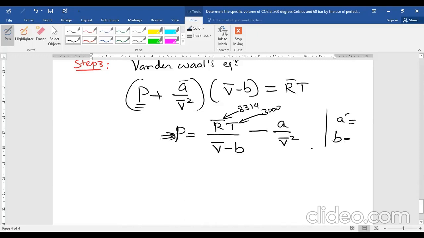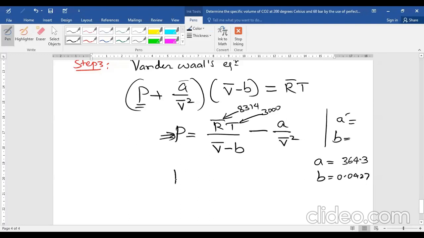So A value and B value. A value I have already taken in the previous numerical because it was carbon dioxide only. A value is 364.3 I think. B value is 0.0427. I think we have seen the previous 0.0427.